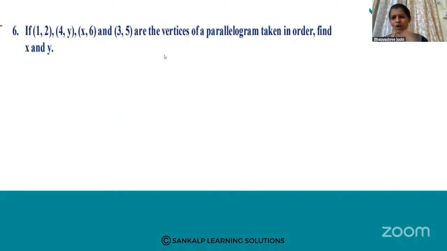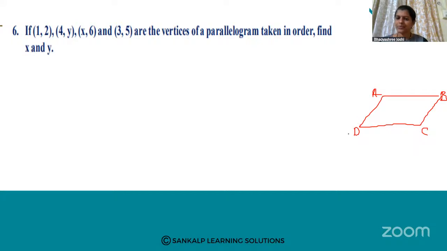In section formula, all the problems are very, very important. They have given us the vertices of a parallelogram. How does a parallelogram look? So this is A, B, C, D. And this question is also for 3 marks, remember.